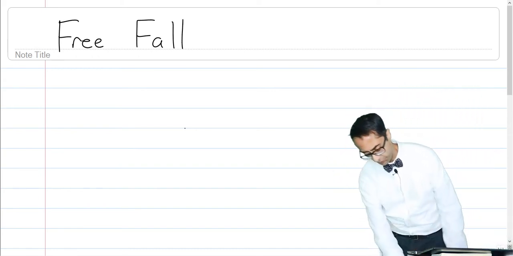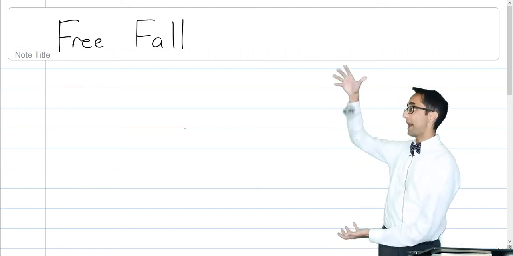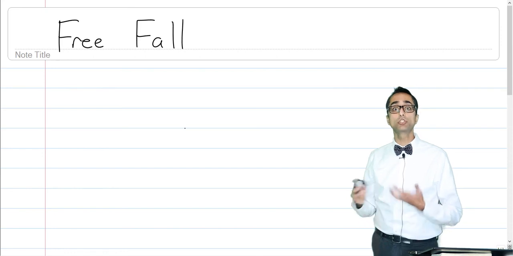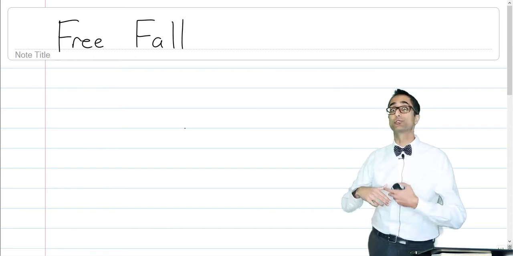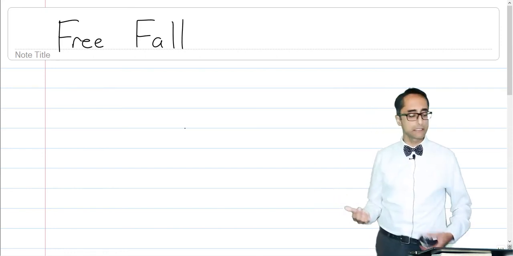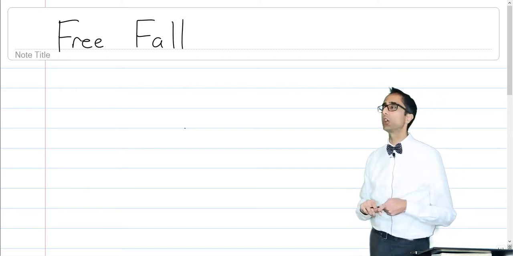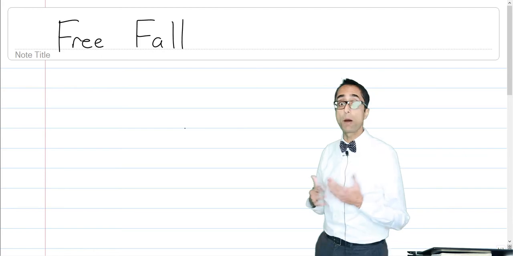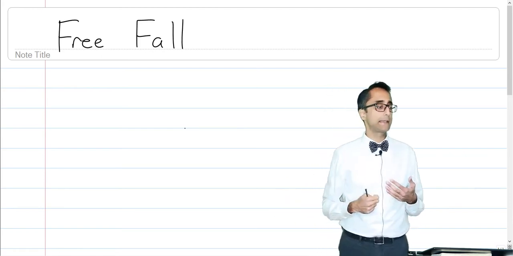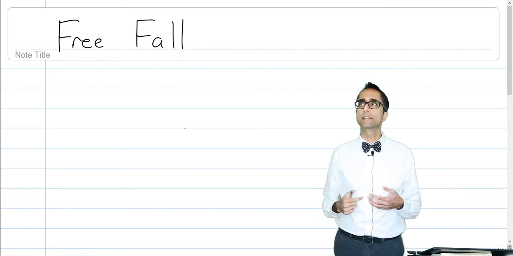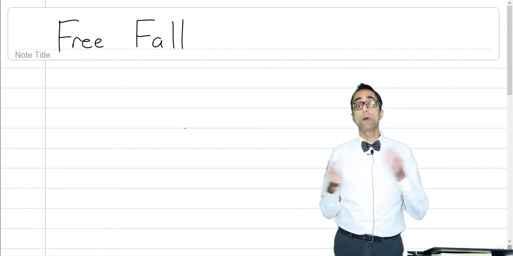And so this certainly would qualify as free fall, but there's other types of motion as well that's more than just dropping. Dropping something is clearly free fall, but it turns out that free fall covers not just the motion of something dropping from rest. Let's say an acorn falls out of a tree.